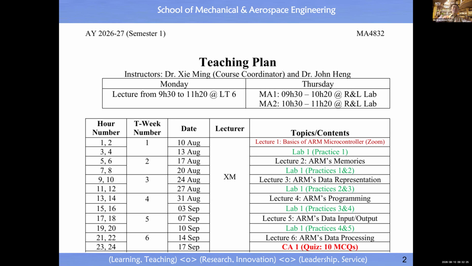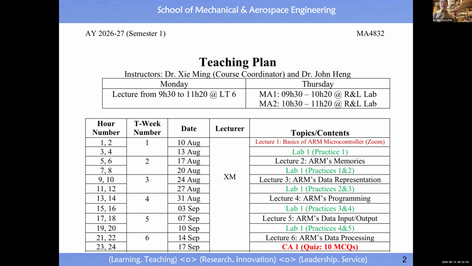For this course, we allocate 2 hours for lab session because it is 1 hour for each group. You know the location for lecture is LT6 and the location for lab session is inside the robotics and learning lab. And you look at the schedule for the first 6 weeks.